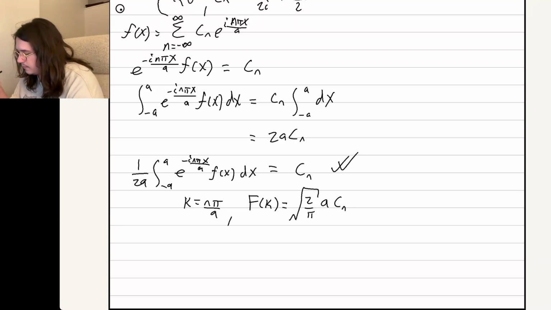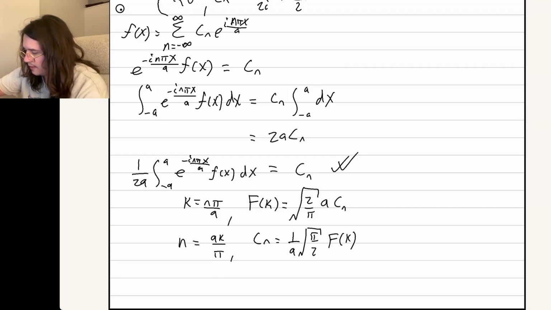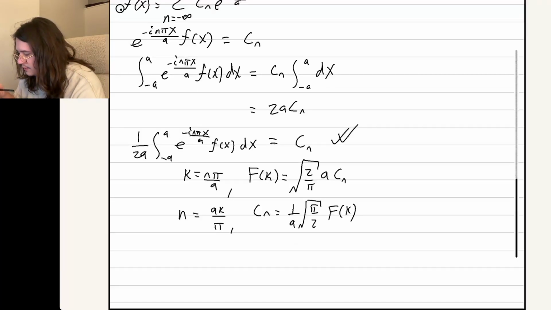What I'm going to do is solve for n and Cn and plug them into this equation and this equation and just get new stuff. So n is going to be ak over pi, and Cn is going to be 1 over a root pi over 2 capital F of k. And I'm going to plug all that into this equation up here, which is the Fourier series.